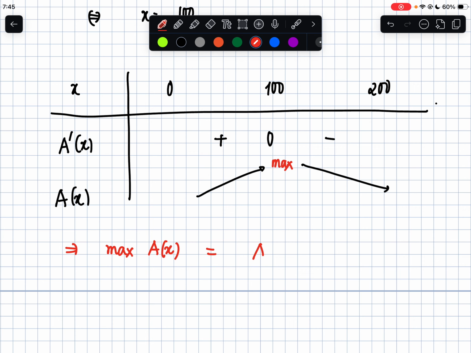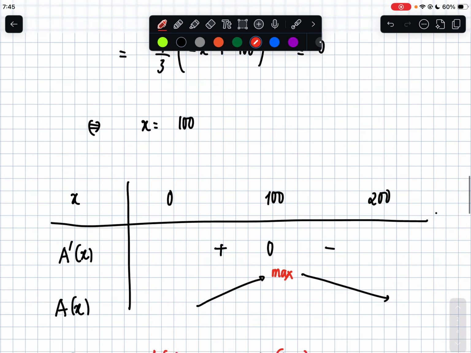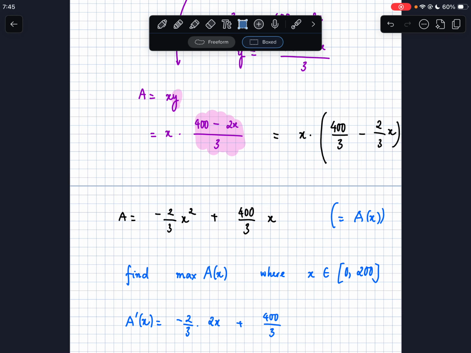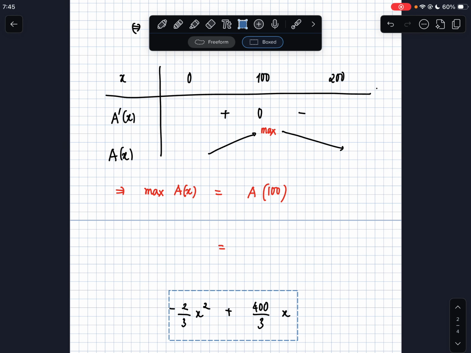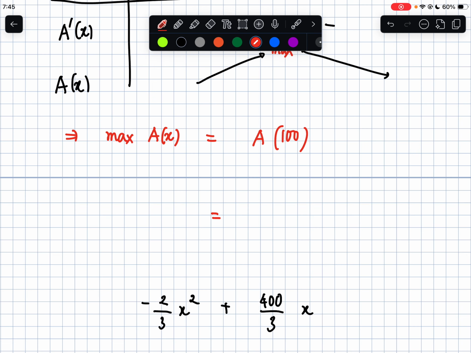So A of 100, the area when x equals 100. The area is this formula. We need x equal to 100. So minus 2 over 3 times 100 squared plus 400 over 3 times 100.